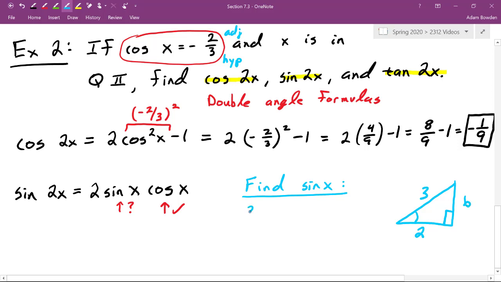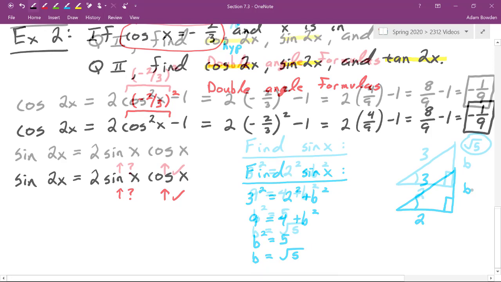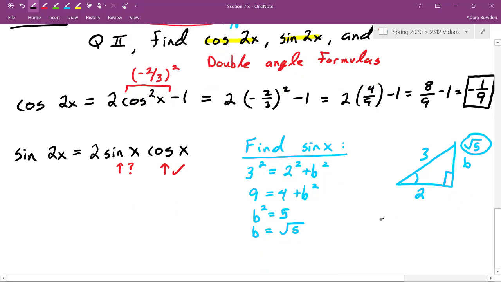And so I can figure out what the missing side is by using 3 squared equals 2 squared plus b squared. 9 equals 4 plus b squared. And so b squared would be 5, and b would be the square root of 5. So now looking at the triangle, we can tell that the sine of x would be opposite square root 5 divided by the hypotenuse 3.